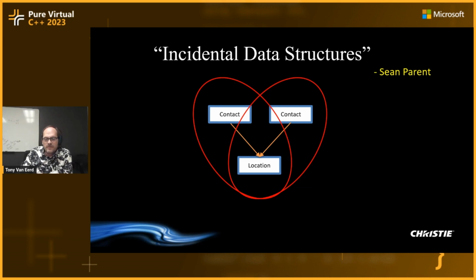And whenever you have pointers crossing between objects like this, this is not two data structures. This is one data structure, right? Sean likes to call it an incidental data structure. It's not the data structure you thought you were making, but it's in your code, and you really see this everywhere. Almost every use of shared pointer, you're forming an incidental data structure.